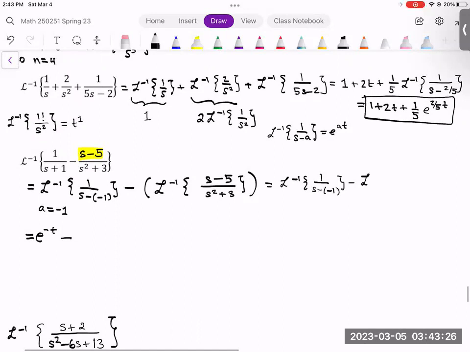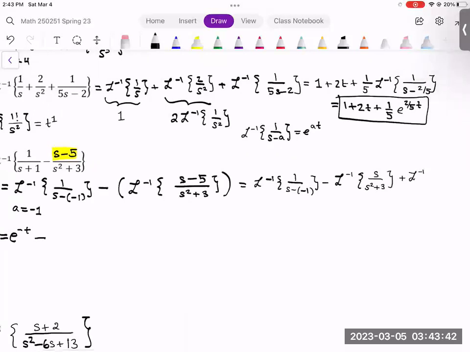We can break this up as the inverse Laplace transform of s over s squared plus 3. So together, we didn't recognize these pieces, but if we separate them out, they look a little bit more tractable. So we have s over s squared plus 3, and then 5 over s squared plus 3.